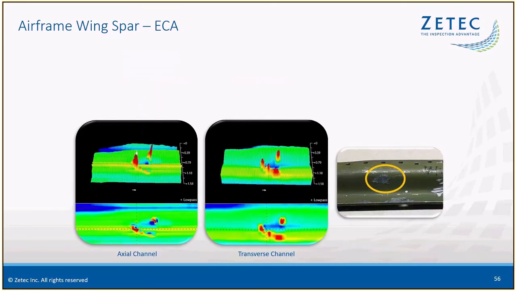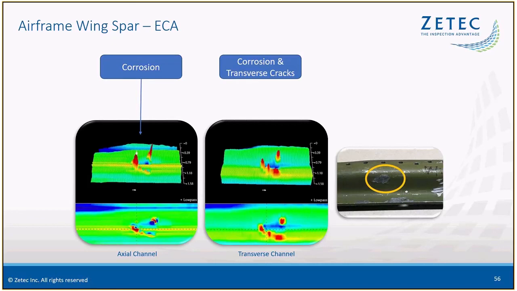In the other area that was found visually, looking at the axial and transverse channel, you can start to see that there's differences between these two channels. Knowing that there's commonality in these signals, that's the corrosion, and you can see it in axial and transverse.